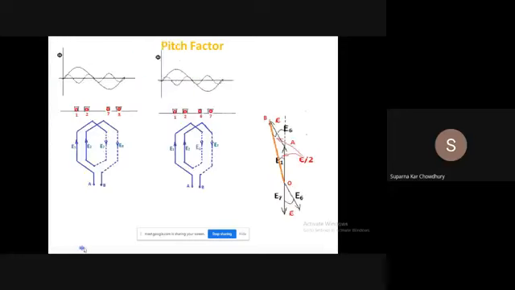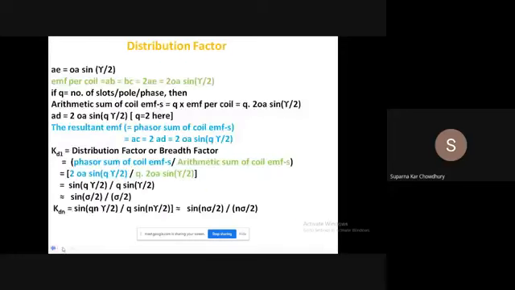Now, what is the advantage of distribution factor? First of all, when we are placing the winding on the stator slots, we have to go for distributed winding, because otherwise placing a large number of windings in a particular slot as a concentrated winding will make the stator bore very large, and that is impractical.